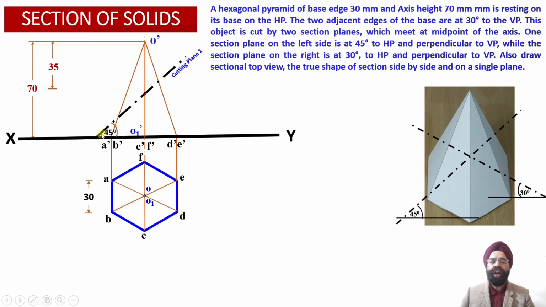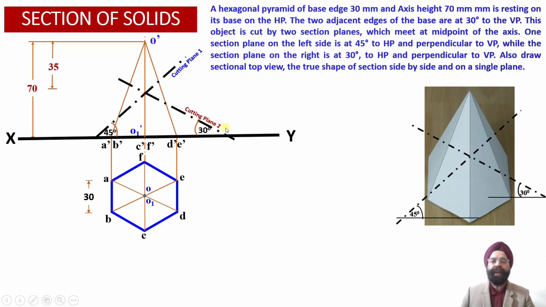Here we have one auxiliary inclined plane that is perpendicular to VP and inclined to HP at an angle of 45 degree, passing through the midpoint and cutting this hexagonal pyramid into this orientation. Similarly, we have the second cutting plane, which is also an auxiliary inclined plane that is perpendicular to VP and inclined to HP at an angle of 30 degree, passing through the midpoint of this particular hexagonal pyramid.